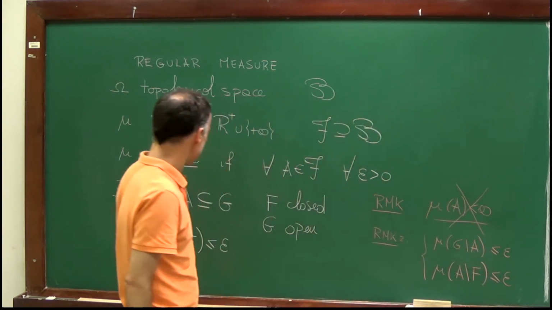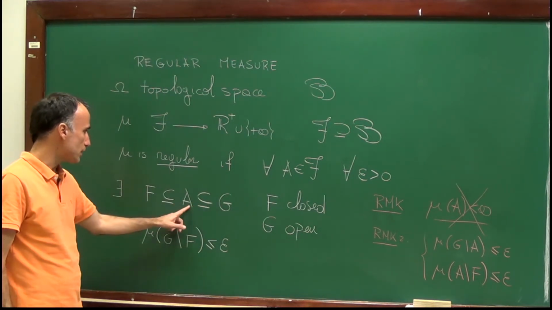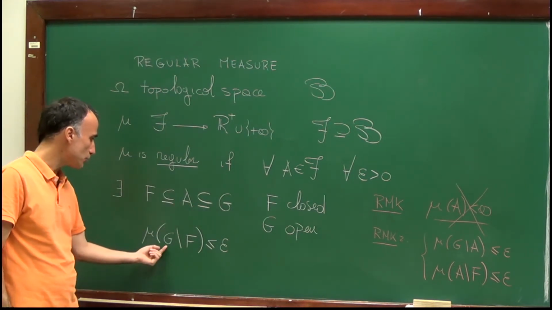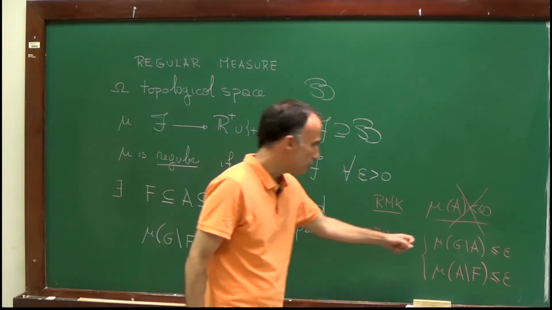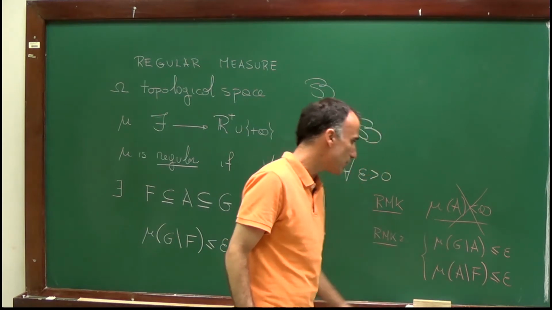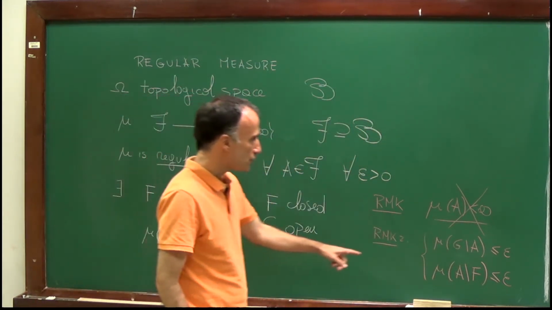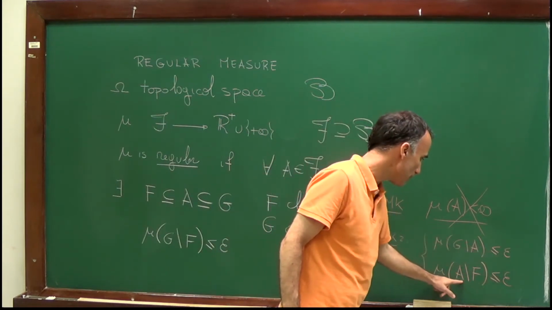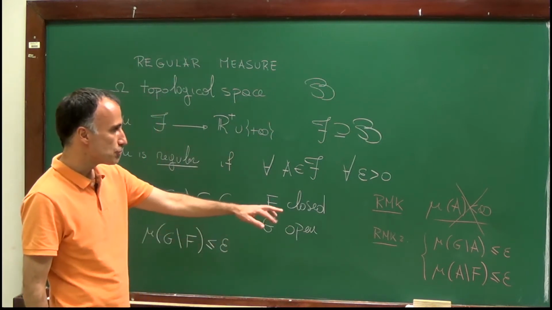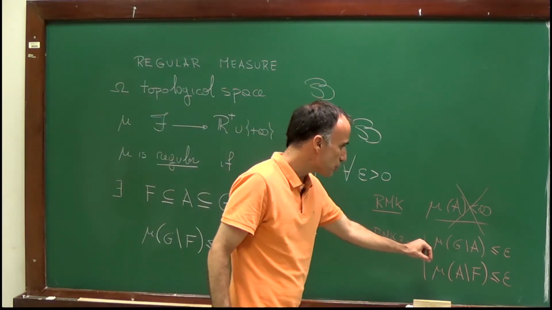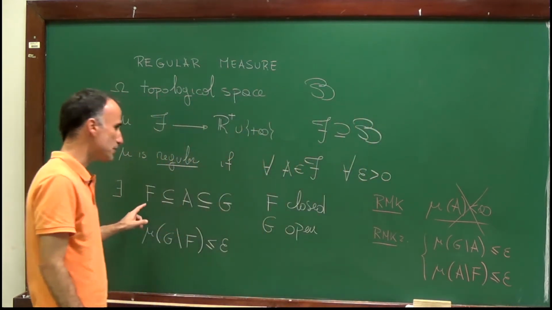These two are equivalent because, since G contains A and A contains F, once you know that G minus F has measure smaller than epsilon, you obtain that these two measures are bounded by epsilon. And again, if you know that G minus A and A minus F each have measure smaller than epsilon, since these two sets are disjoint, the measure of the union is bounded by 2 epsilon, but the union is exactly G minus F.